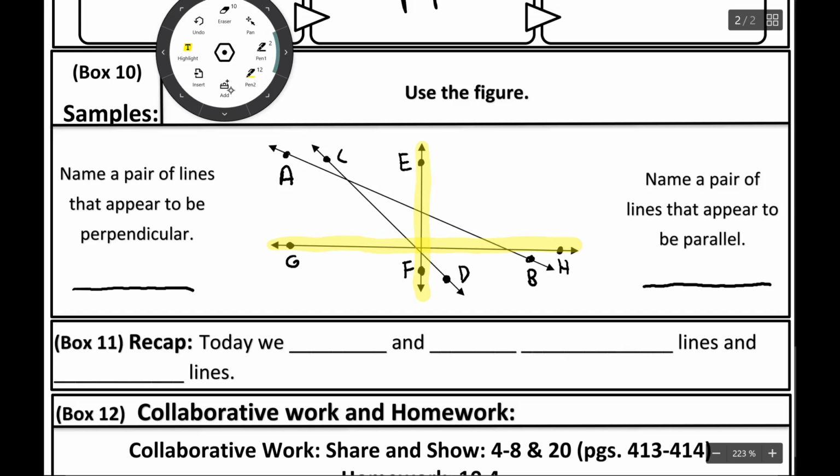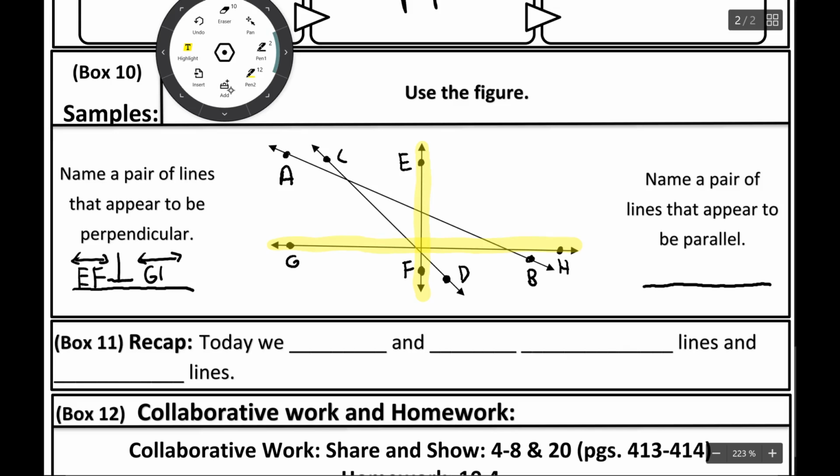So I'm going to write line EF. I'm going to just go like this, put my line right above it. Line EF is perpendicular to line GH, and you guys should write it exactly like I'm writing it, okay?